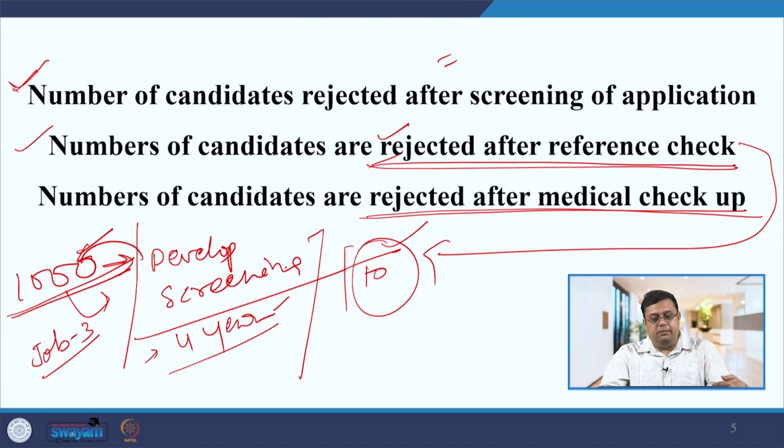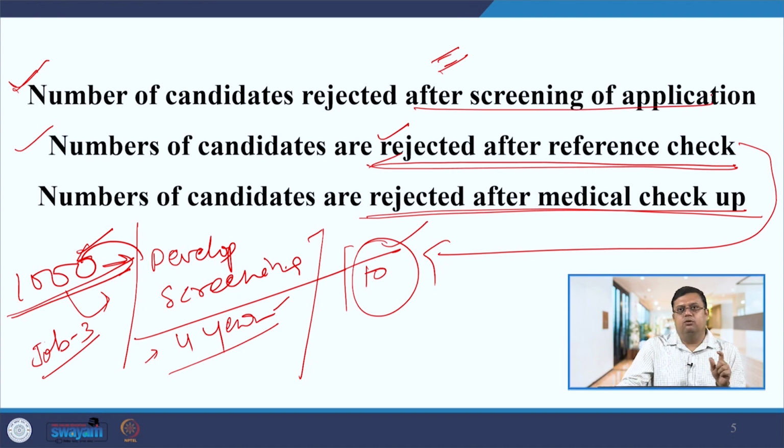So these numbers are also very important, and then the screening number is very important, because that will tell you every year what the screening criteria should be. If every year your screening criteria is going higher and higher, it indicates that the quality of your candidates is increasing.